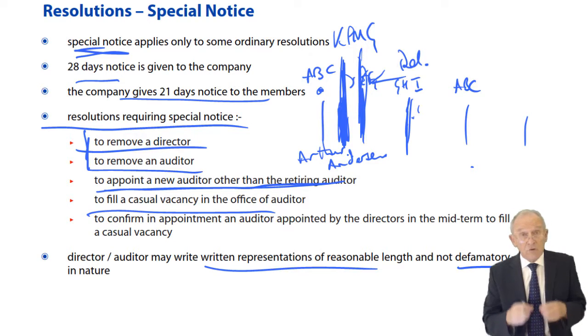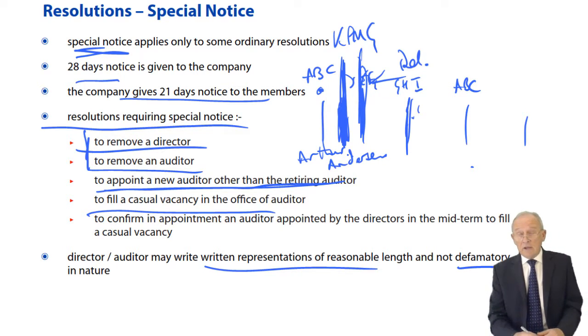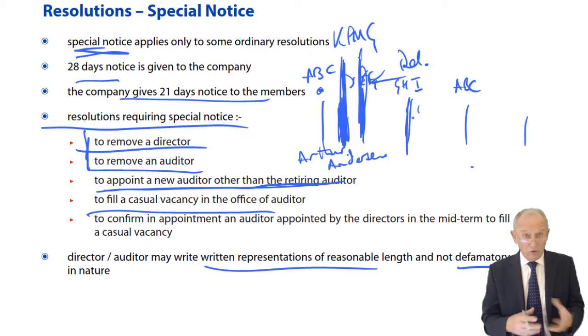And that requires 28 days notice to the company and 21 days notice to the members to appoint a casual vacancy in the mid-term. Now, I said that the directors have got 2 choices. They may choose to call this meeting of members to appoint a casual vacancy filling auditor.